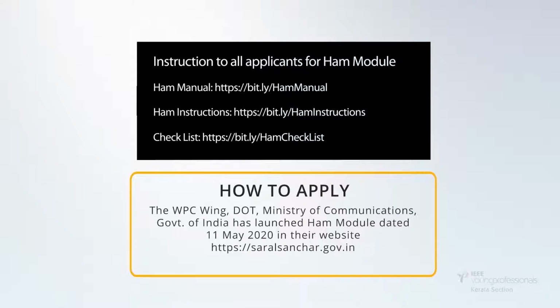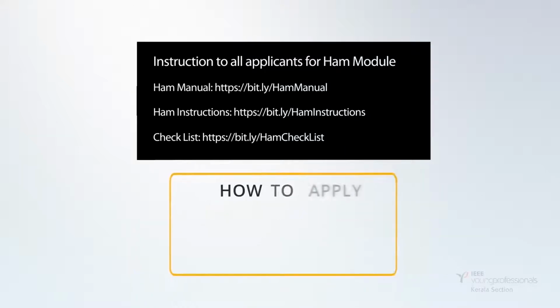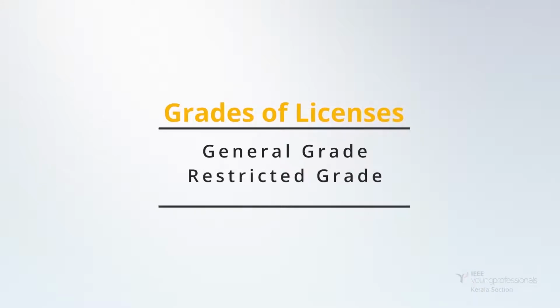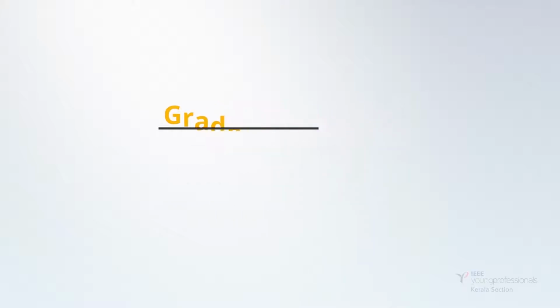You can also refer to the links provided for the ham manual, ham instructions and checklists which have to be done before attending the exam. There are two grades of license, general grade as well as restricted grade.